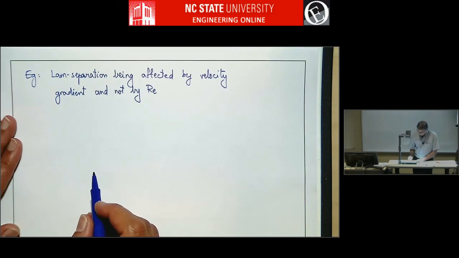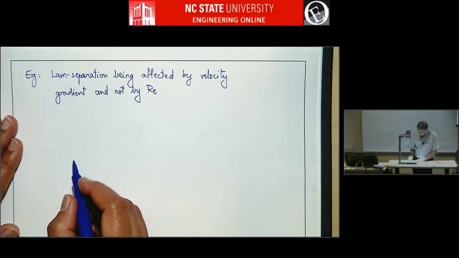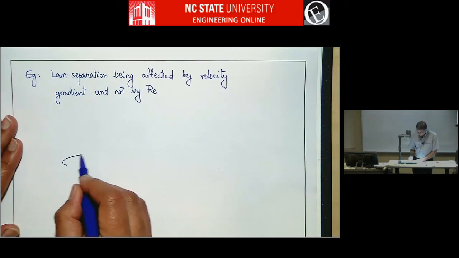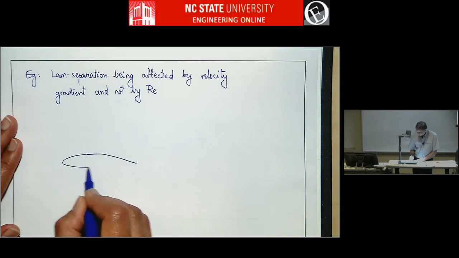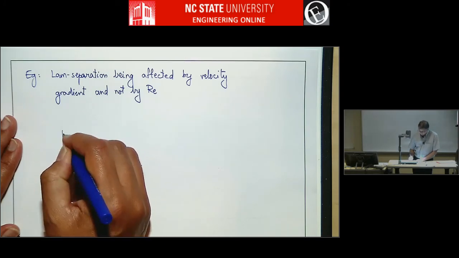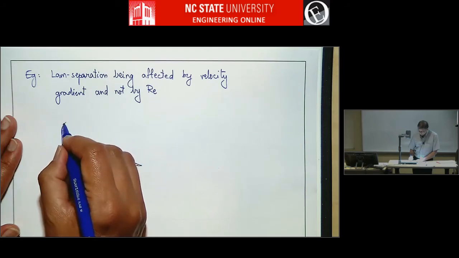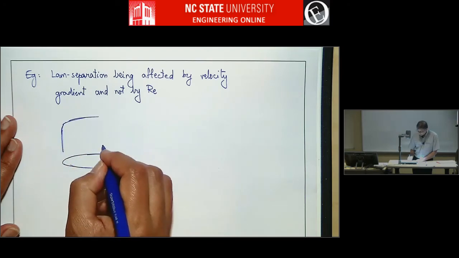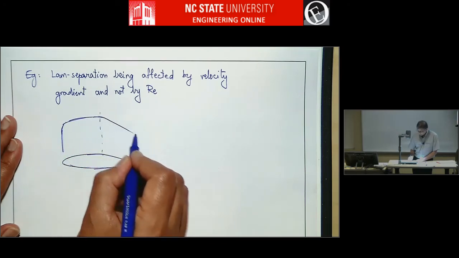Let's take a natural laminar flow airfoil, something like this, where the CP distribution has favorable gradient till here, and then it has adverse pressure gradient.